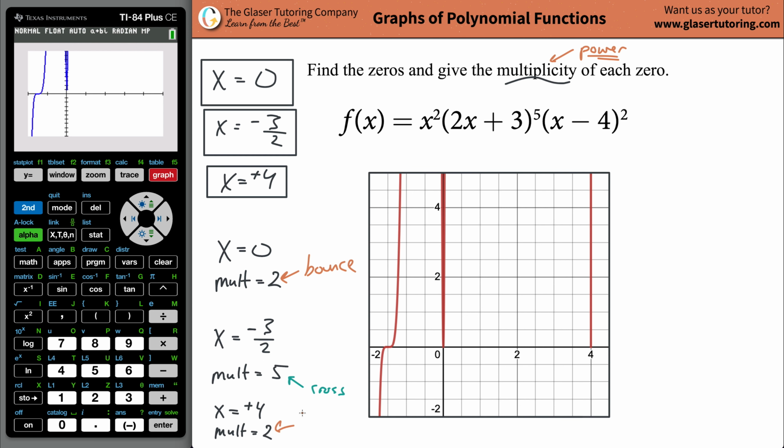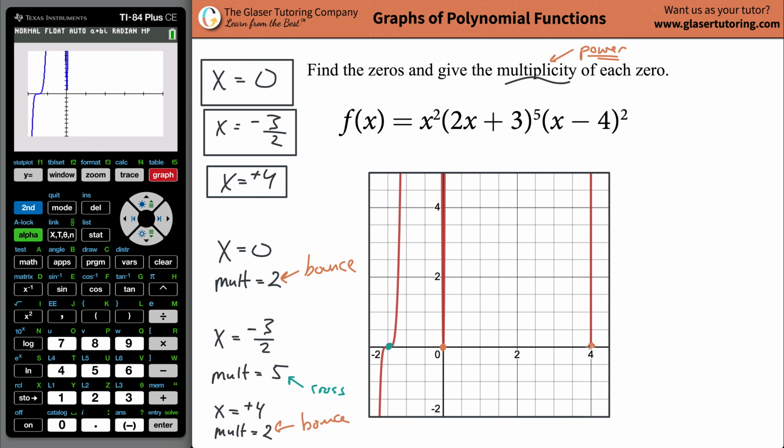Doesn't matter. Bounce. Okay, so notice there's one odd multiplicity happening at -1/2, and you see how this will cross. It starts negative and it ends positive, so it crosses the x-axis. And if you notice these other values had even multiplicities, you see that they bounce off the x-axis. It's like they come down and go boop, bounce off, and they come down and they go boop.